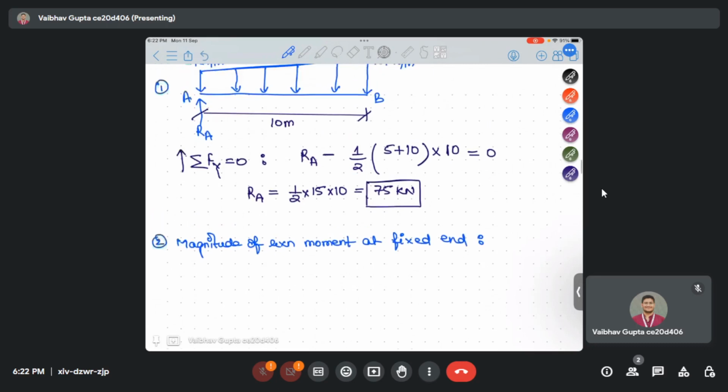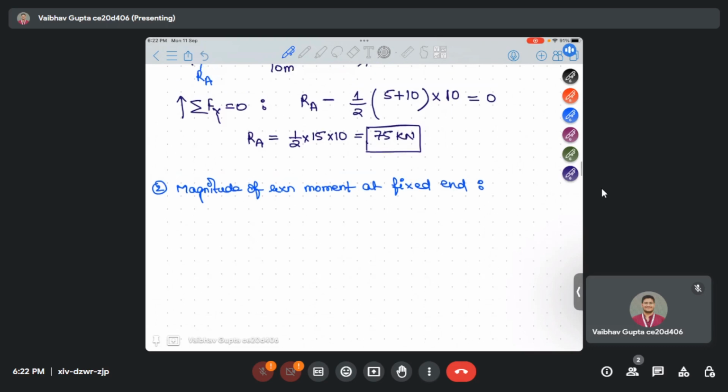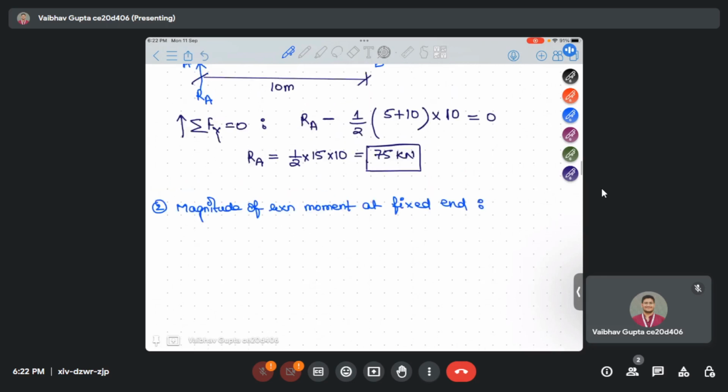See, if a support is fixed, it offers resistance in the upward movement as well as in the moment. In a beam, we ignore the axial force. So since the fixed end has a moment, we'll balance the moment with the help of moment equilibrium.